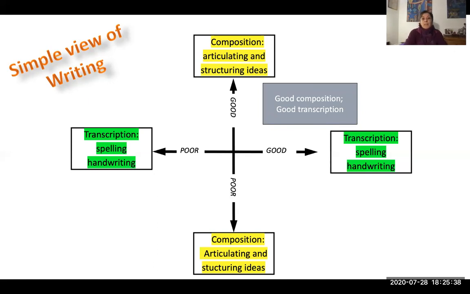And then we have the other group, who are good at transcription. They like the technical part. They like writing. They trace the letters lovely, neatly, clearly. They know the corresponding sound for the letters they want to write. They know how to write them.